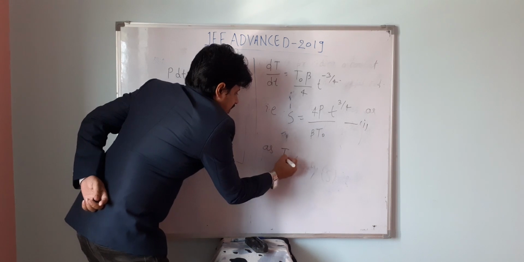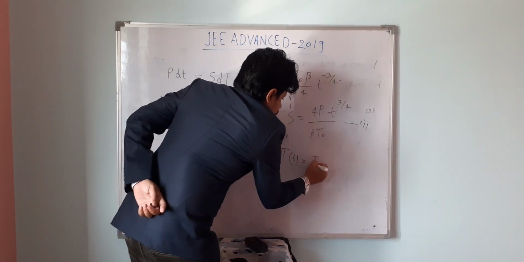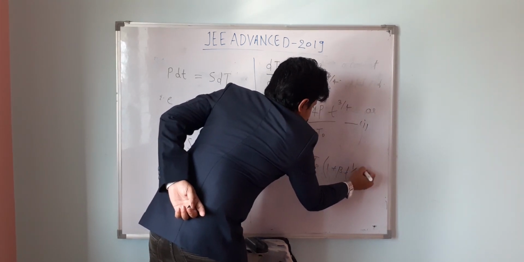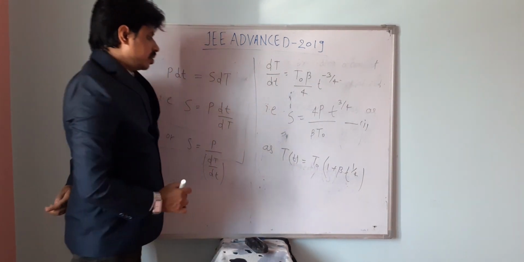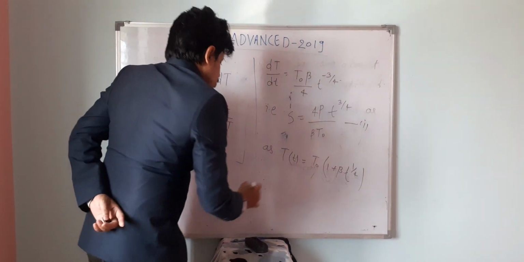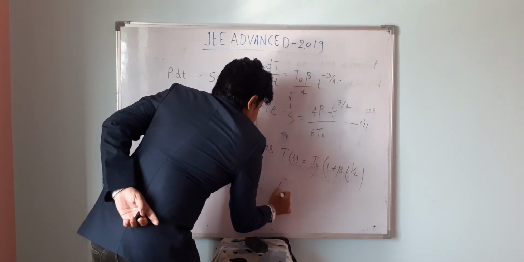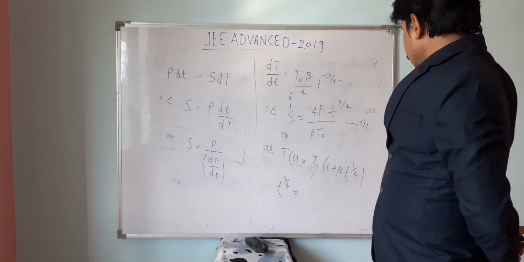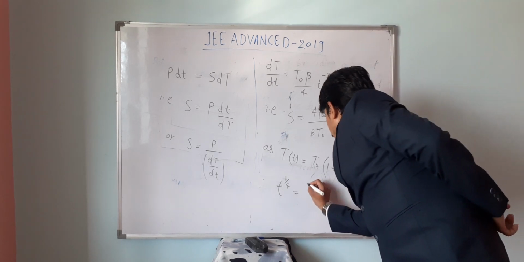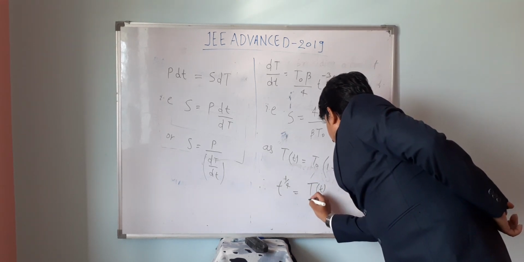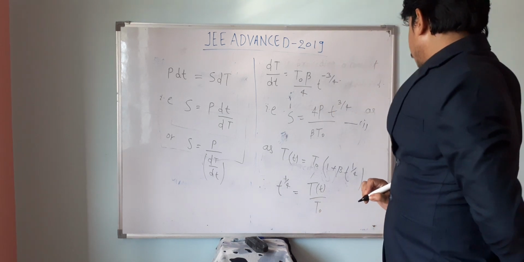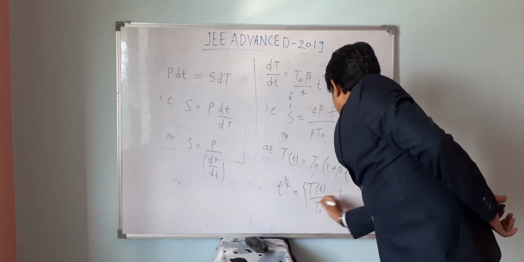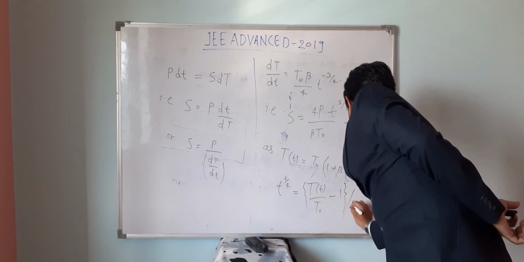As T is equal to T naught into 1 plus beta into t to the power 1 by 4, therefore t to the power 1 by 4 can be written as T divided by T naught minus 1, whole divided by beta.